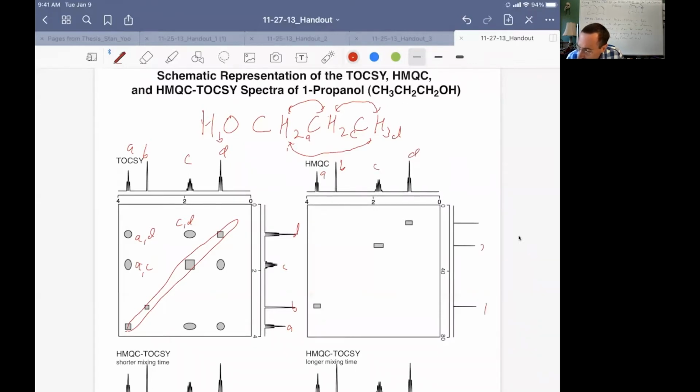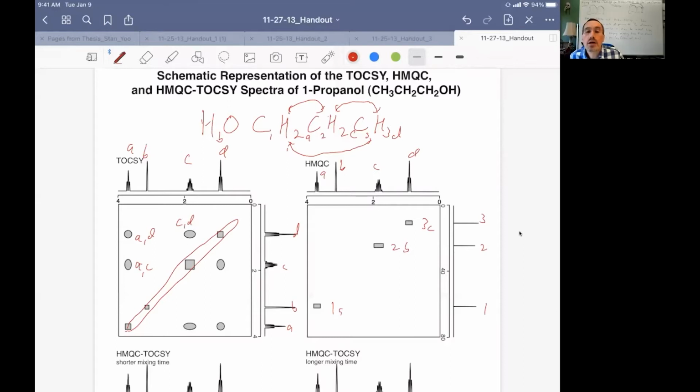Here are our carbon resonances. This tells us that carbon 1 is correlated with A, carbon 2 is correlated with B, and carbon 3 is correlated with C. So we always mark our little numbers down to help us keep track of who's who. James, now, 2C and 3D.